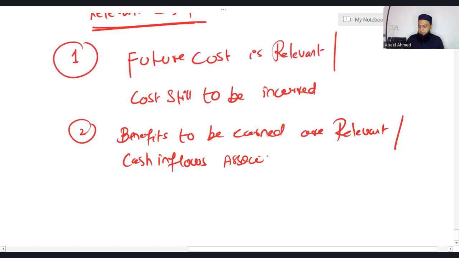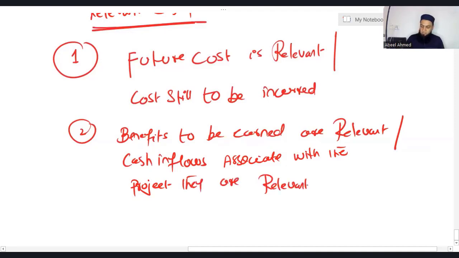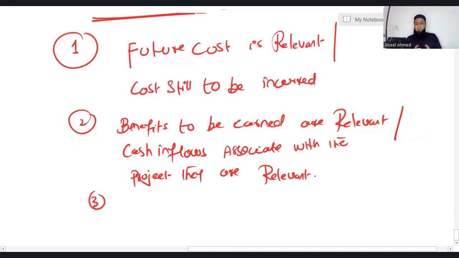Now let's make the concepts more specific. When you say future cost is relevant, the cost still to be incurred is relevant, and benefits to be earned in the future are relevant. Simply, cash inflows associated with the project are relevant.